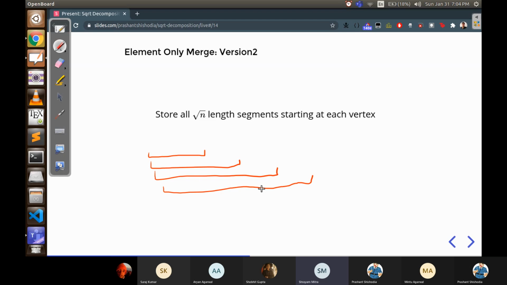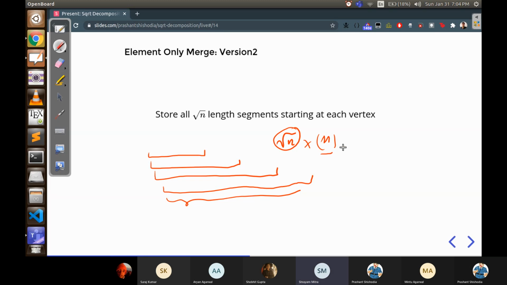So we go through all of them and then merge them to every range. I understood. So you are saying that there are root n segments starting at I, and for each segment, you will need time equal to the length of the segment.